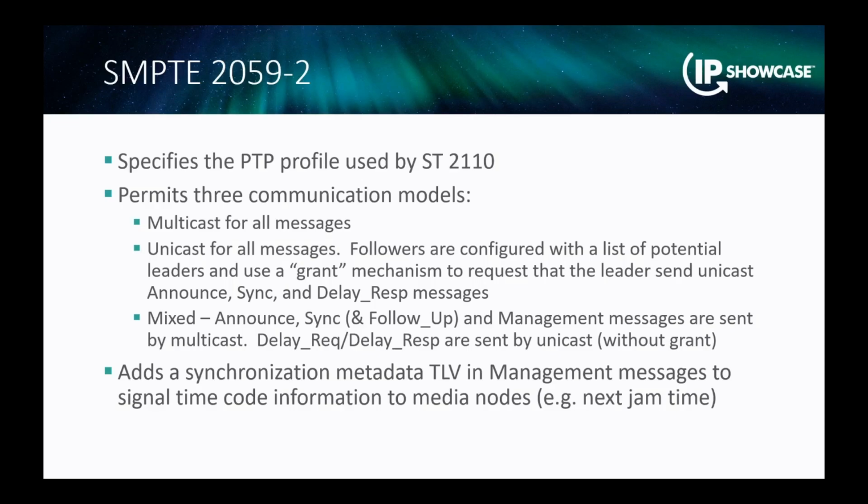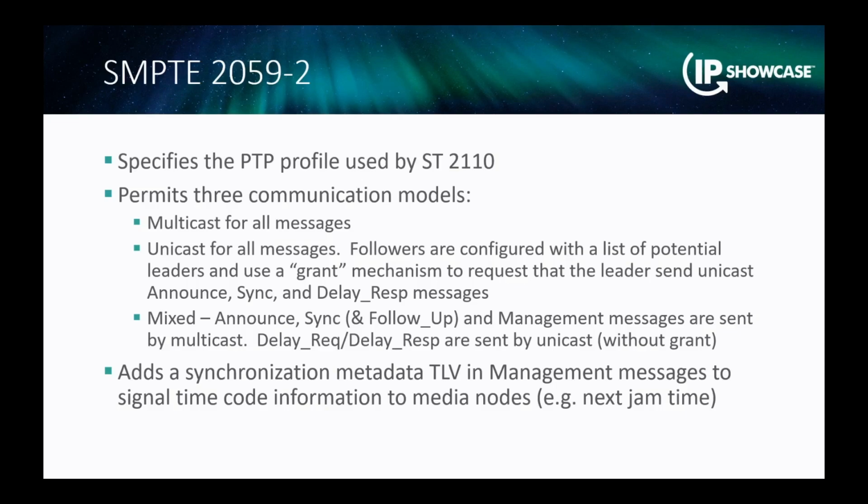Unicast requires a bit more configuration. Basically, you've got to program all of your devices with the correct IP address so that the followers know which leaders to talk to and so on. So full unicast is maybe the most scalable, but it requires the most configuration.